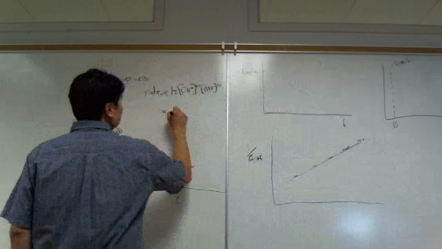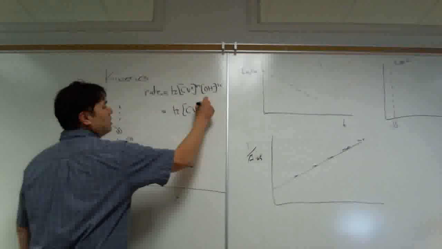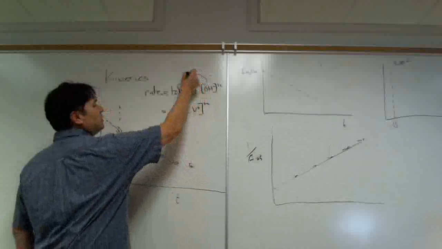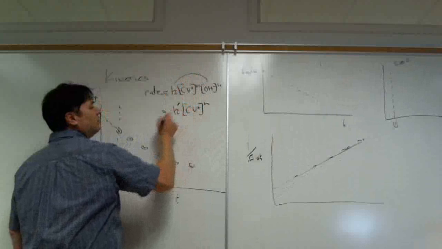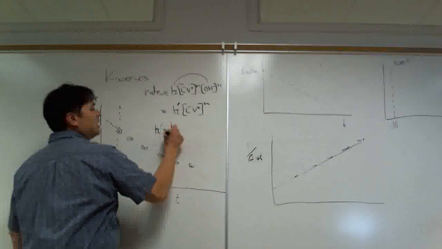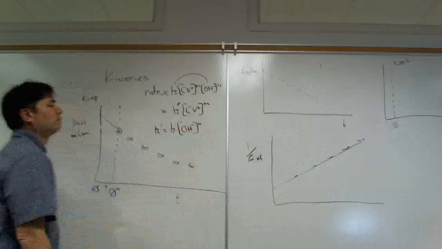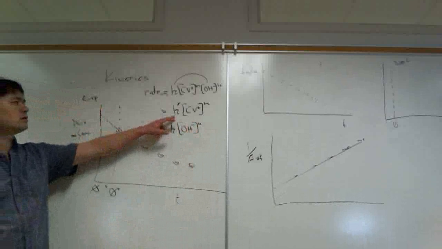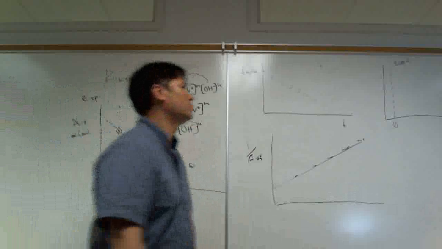And so the only thing that's really impacting the rate is the change in the concentration of CV. So we're going to combine K and the hydroxide and call it K prime. This is where K prime is equal to K times the hydroxide ion concentration raised to the n power. And so that's going to be a new constant, and the rate will just solely be dependent on CV concentration.